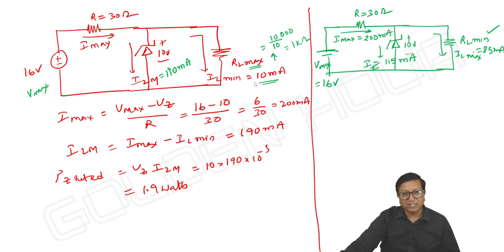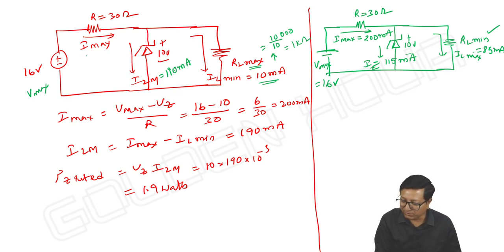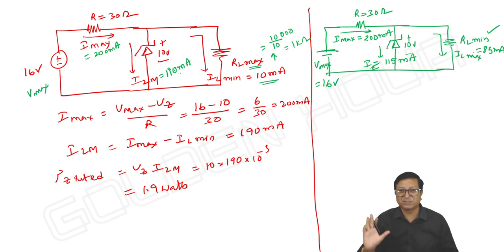That time, as IL is decreasing, IZ will go up to 190 milliamperes. I maximum is 200 milli, it remains the same, I maximum cannot change. But as your RL is increasing, definitely IZ will increase and it reaches a maximum of 190 milliampere. That's it. This is the idea.